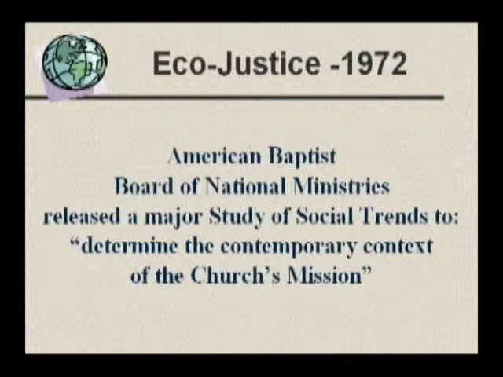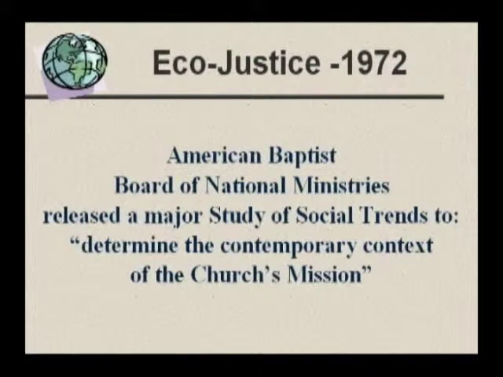Interestingly enough, in that same year, the American Baptist Board of National Ministries released a major study of social trends to determine a contemporary context of that church's mission. By the way, that study also had maps, for instance, that showed where waste dumps are located and where poor people are located, and it's basically the same map.